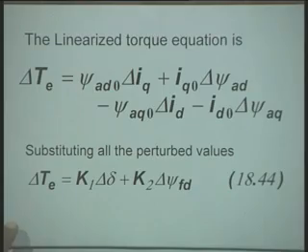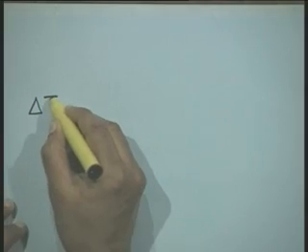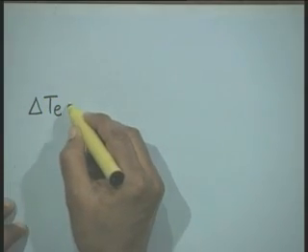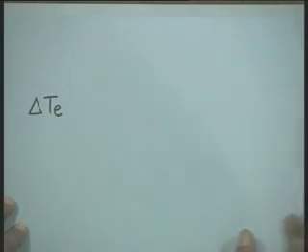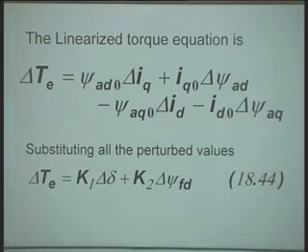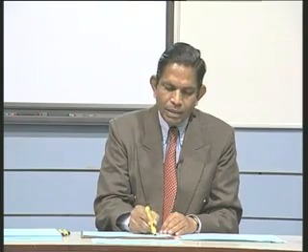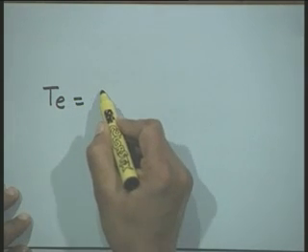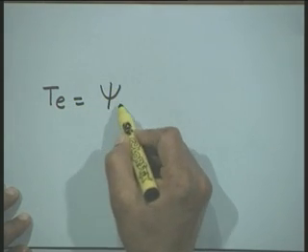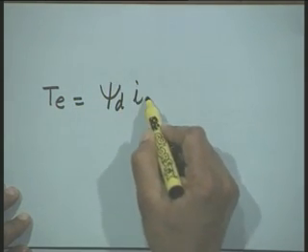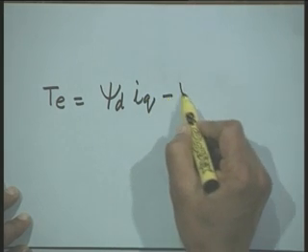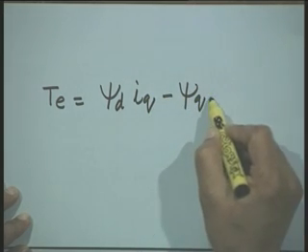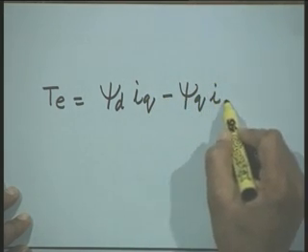First we write down T, not delta T. T is written as psi d I q minus psi q I d.